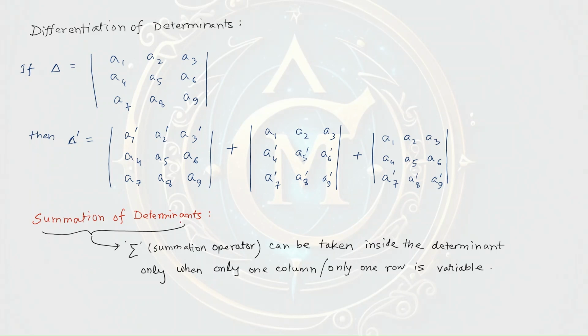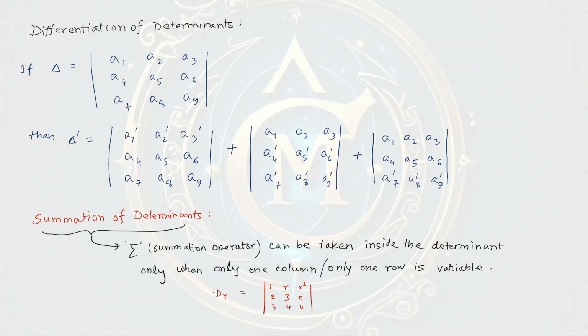And for summation of determinants, you can apply summation operator, that is the sigma operator, if only one row or only one column of the determinant is variable. Like this, let's say you have to calculate summation dr, where dr is this determinant 1, 2, 3, then r, 3, 4, then r square, then n, then 0.